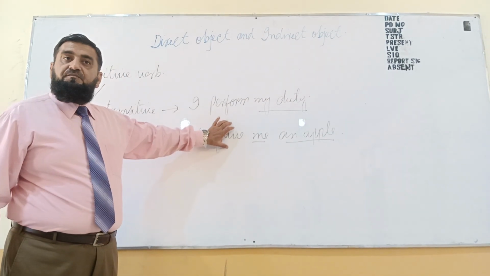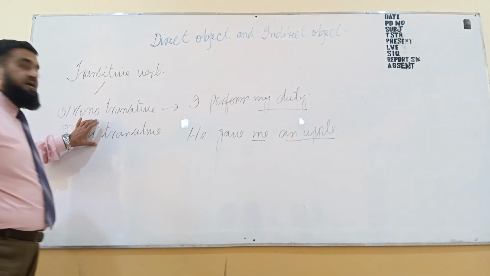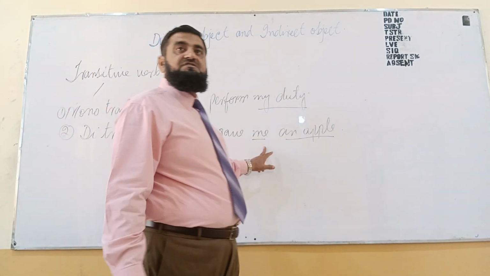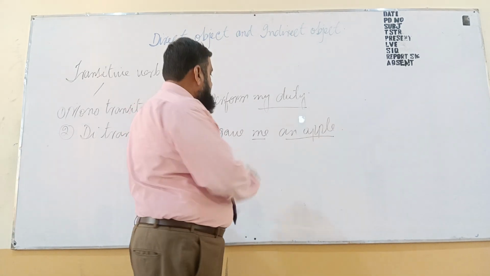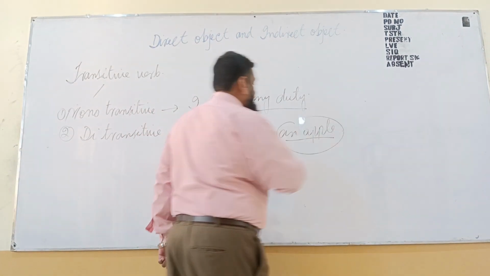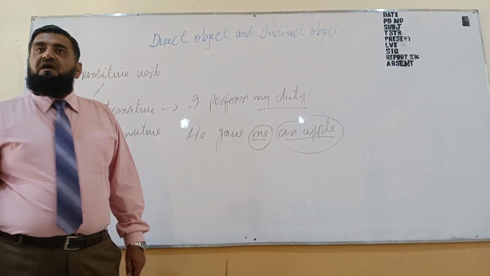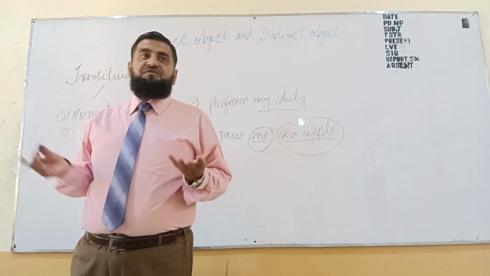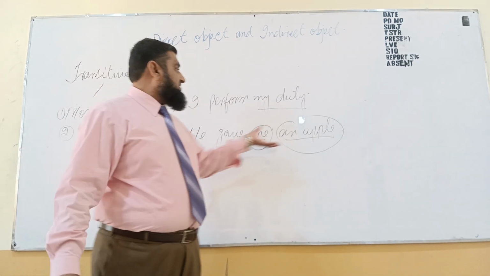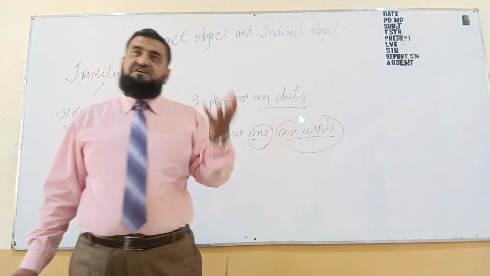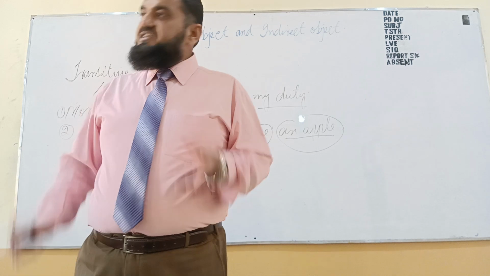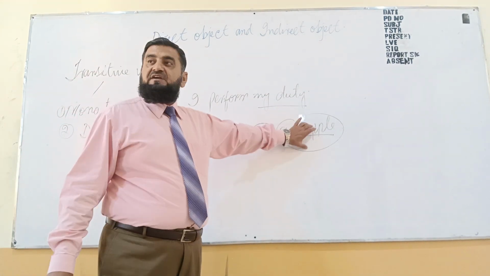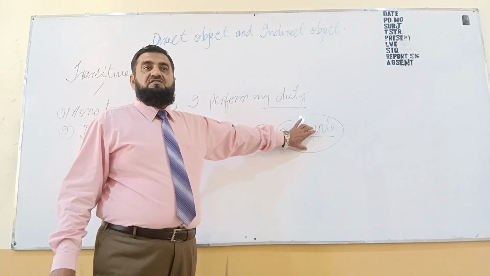So gave is a verb which has the quality of ditransitive, because a ditransitive verb will always need two objects. One object is me, another is an apple. How can we differentiate between direct object and indirect object? That is the major question.